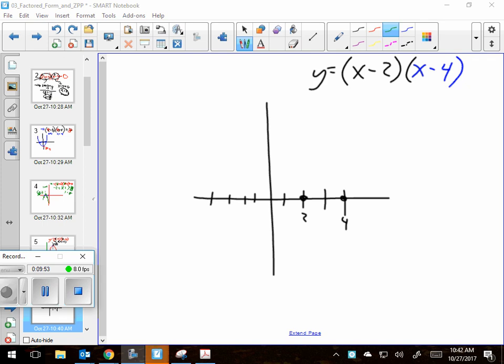I know the parabola has to have its center or its vertex somewhere there. This dot here must be 3 comma something. I'm going to put a 3 into here to figure out exactly what it is.